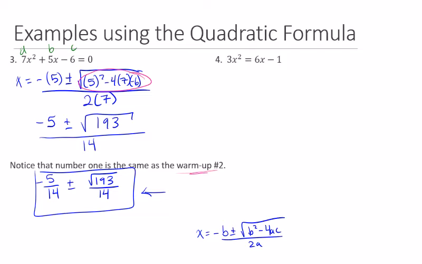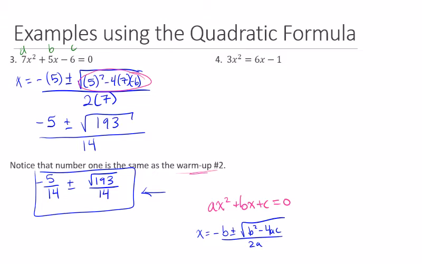Whenever you're using the quadratic formula, the first thing you want to do, just like when you're factoring, is set one side equal to 0, right? Because our quadratic formula works when we have ax squared plus bx plus c equals 0, right? So that's how it's meant to be set up. And so for number 4, we want to get one side to be 0.